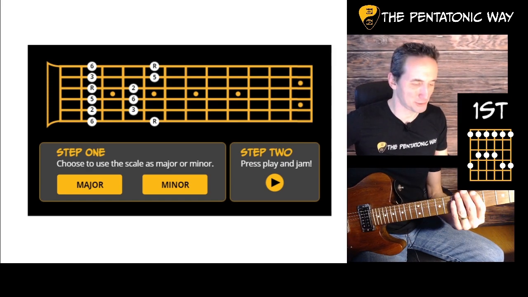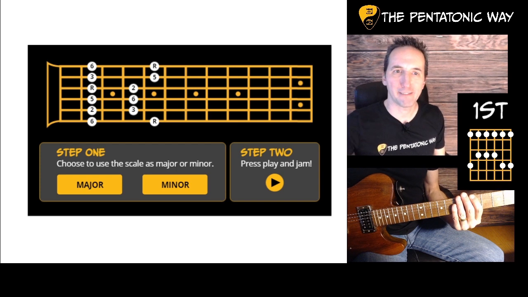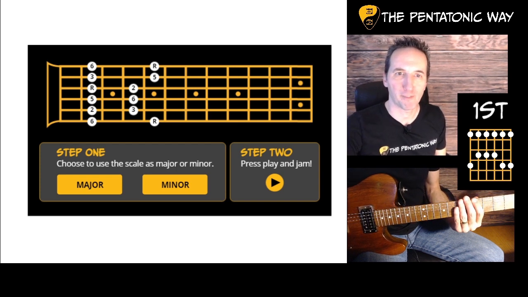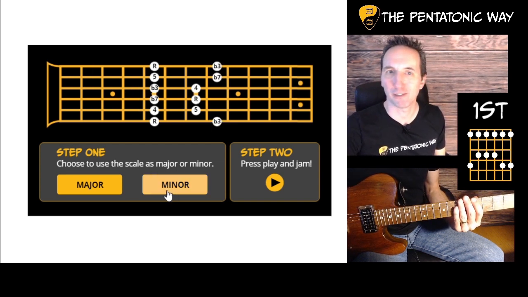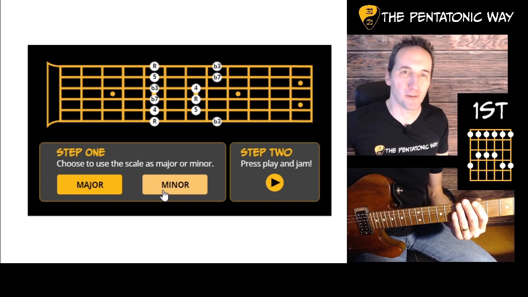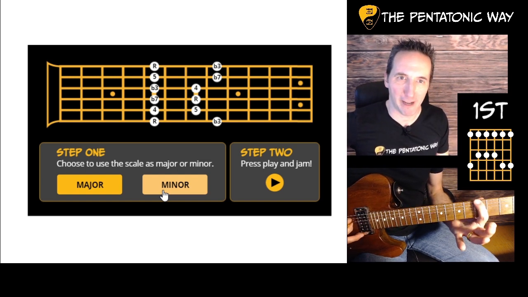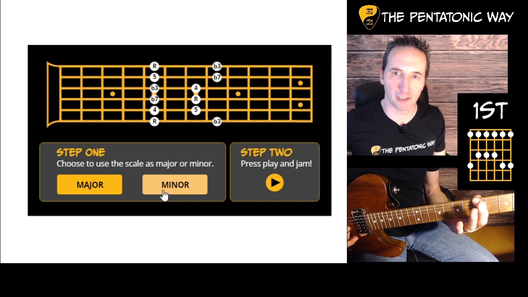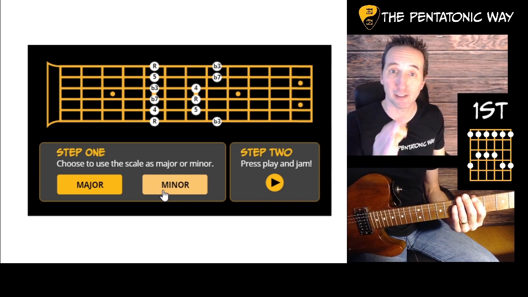Let's take a look at it in the minor position first. If you play it at the 5th fret, you start with that first note on the 5th fret, and you can see that it's the root note.